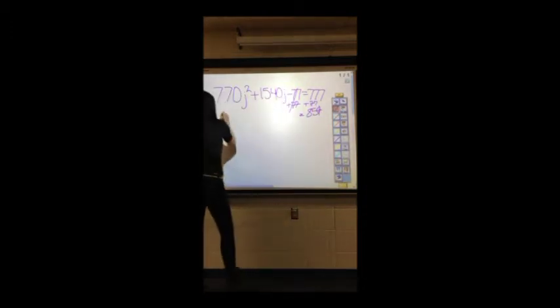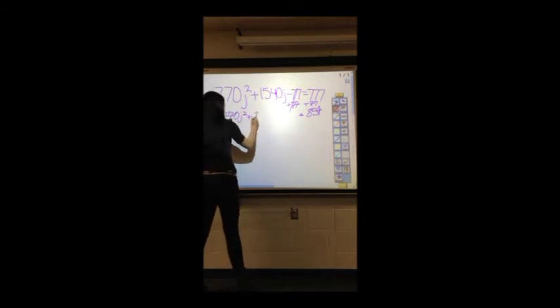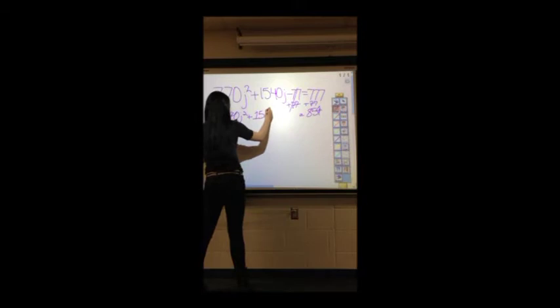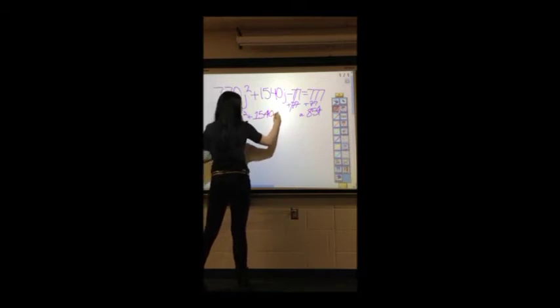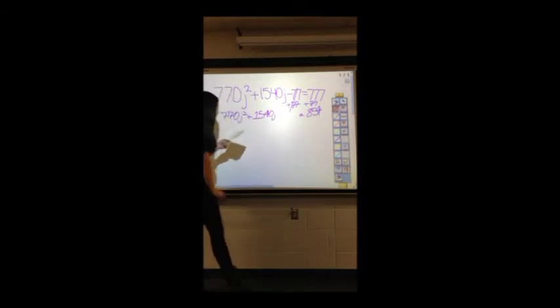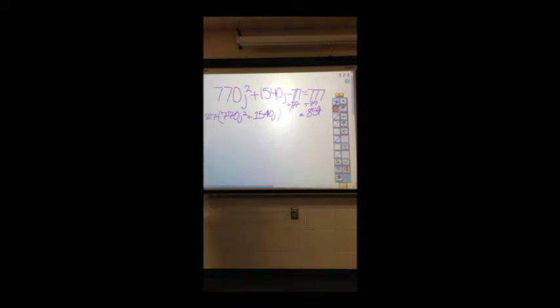So then you're just going to want to drop all this down, and it's 770J squared plus 1,540J equals that. And then you're going to factor out the greatest common factor if there is one. And in this instance, that is 77.